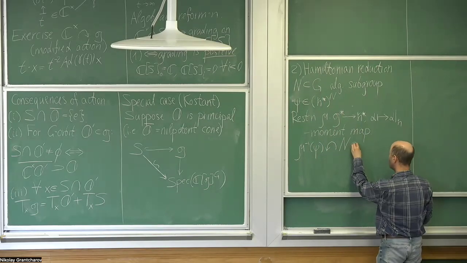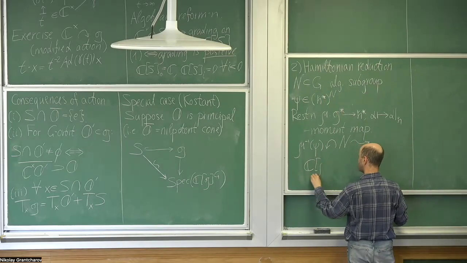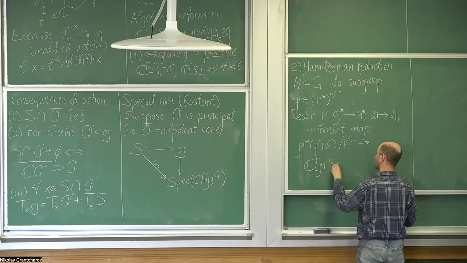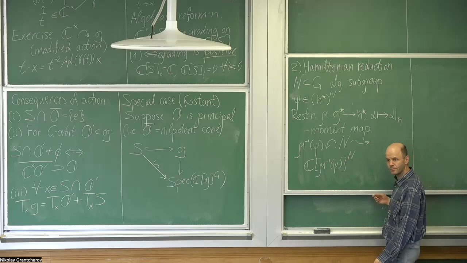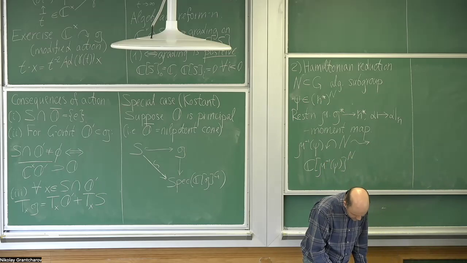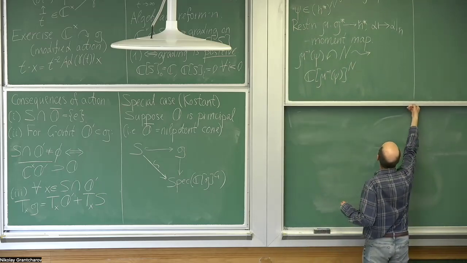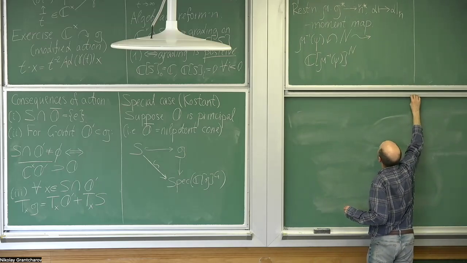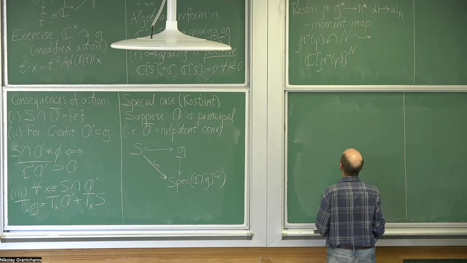And what I want to do, I want to consider the following algebra. I'll take functions on the fiber mu inverse of psi, and I take the N invariants. A little bit alternative way to write it down will be the following.